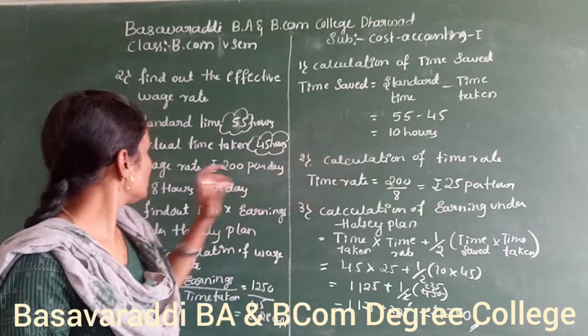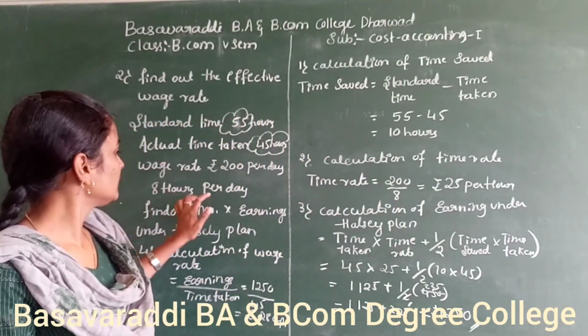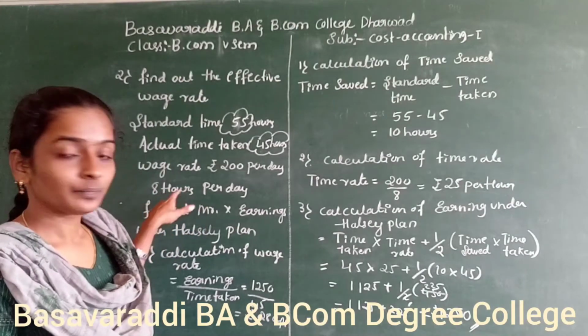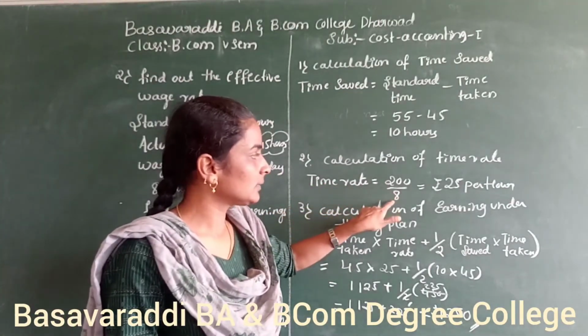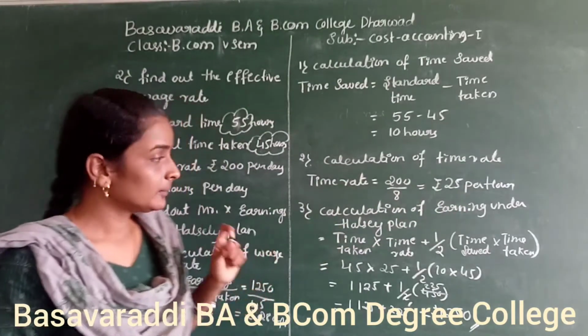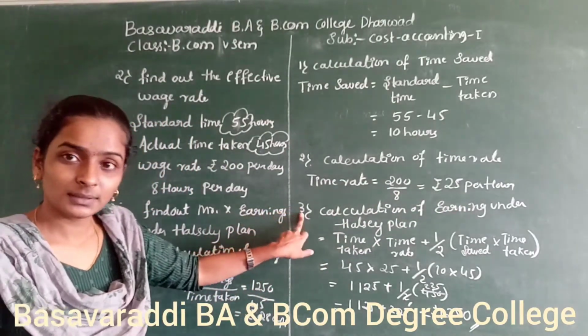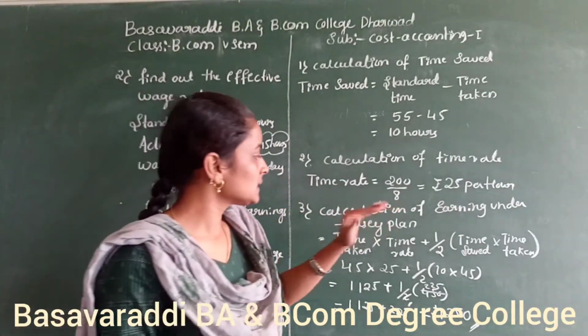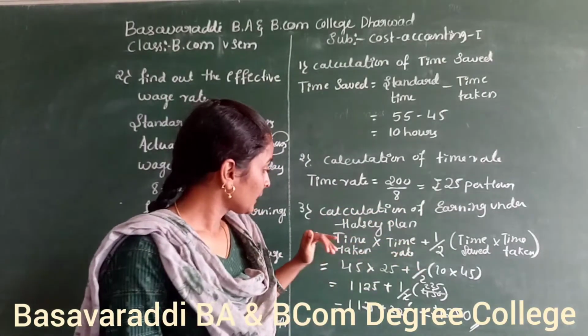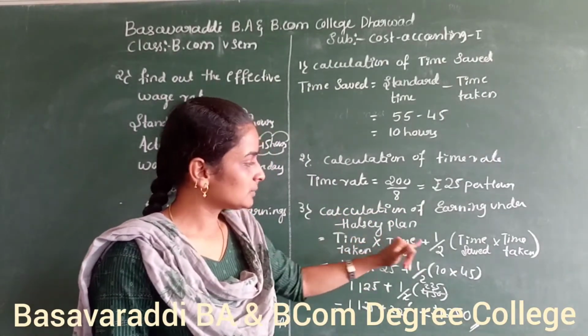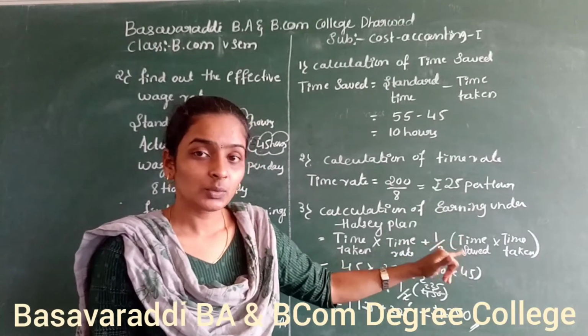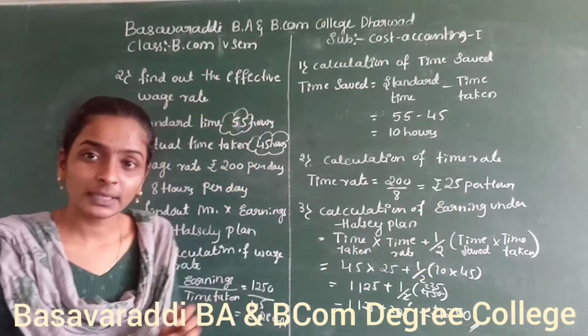Time rate is equal to wage rate divided by hours, 200 divided by 8, rupees 25. Next, working note number 3: calculation of earnings under the Halsey plan. Time taken into time rate plus 1 by 2 into time saved into time taken.